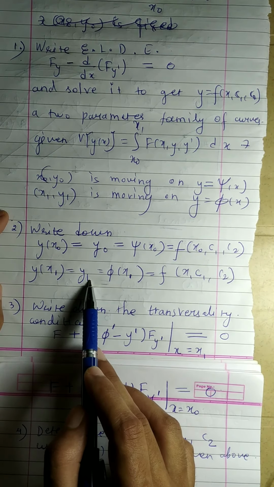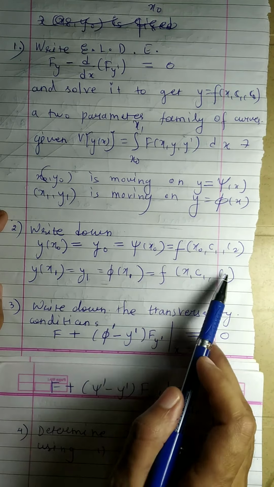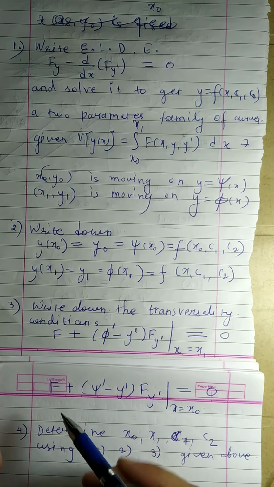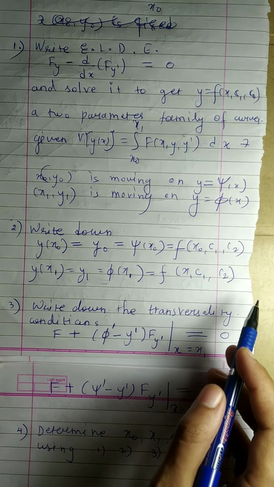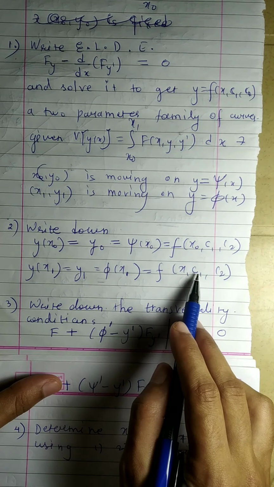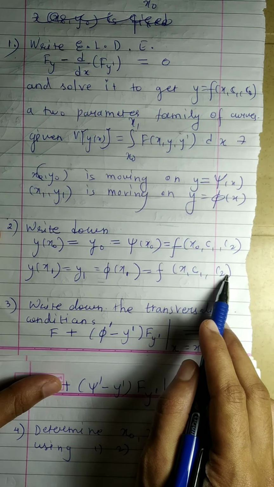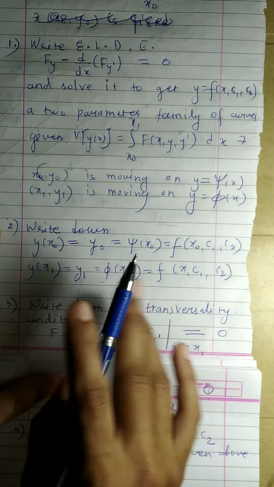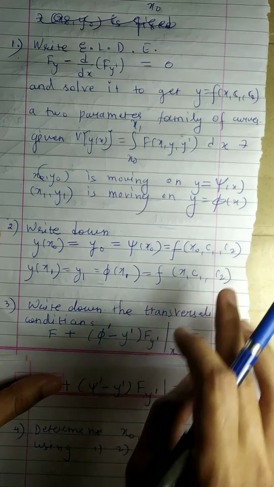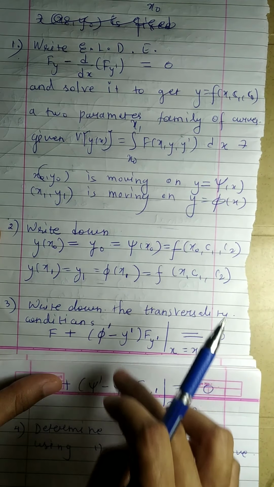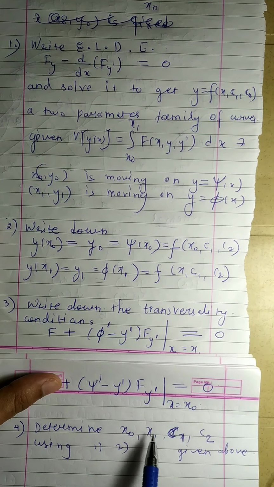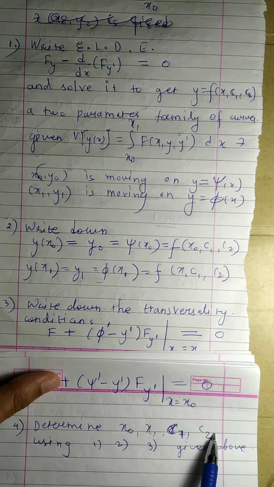So in this equation, the term y1 will remain as it is. Okay, and we will have to go further in order to find out what that y1 and the constants c1 and c2 are. And if both the points are moving, then these will remain in these two equations, and with the help of the transversality conditions we will have to determine x0, x1, c1 and c2.